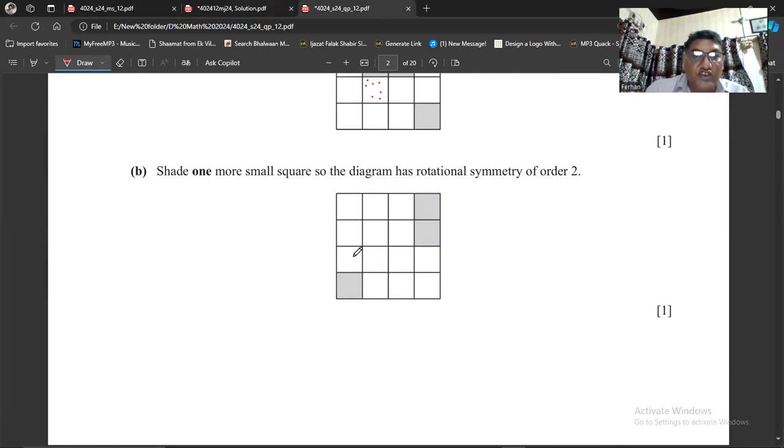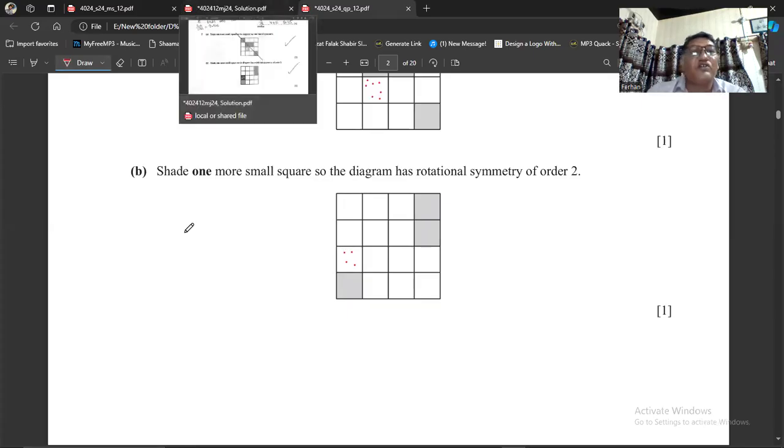So I should shade this one. What will happen when you rotate this square, like this is 1 and 2? On the second attempt, this will come first of all here, then it will be here. So I think if you shade this one, this diagram will have a rotational symmetry of order 2.